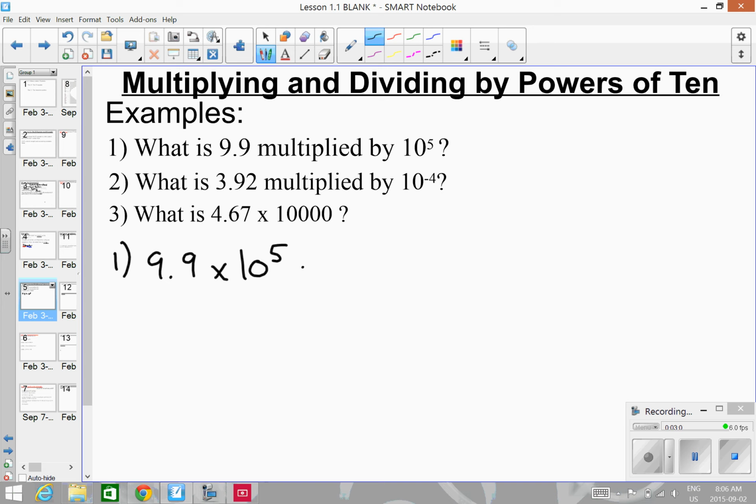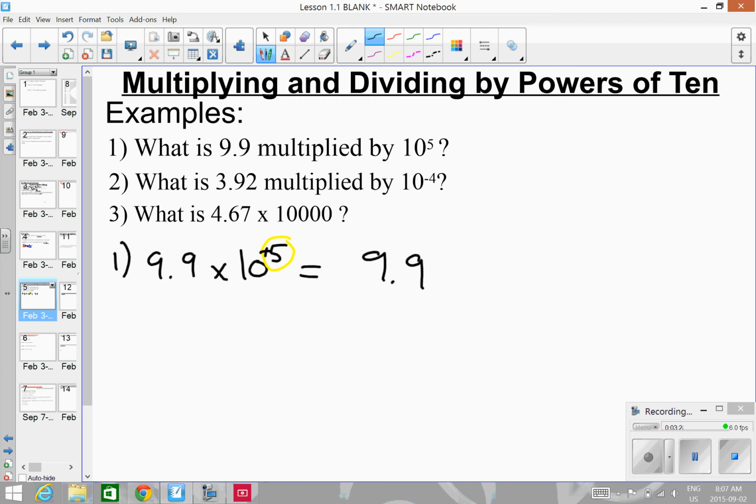So to do this the quick lazy way, you're going to look at this number here. That number tells you how far you're going to move the decimal. So we have 9.9, and this 10 to the power of 5 means we're going to move the decimal 5 places. Because this is a positive 5, we don't write it, but we could.